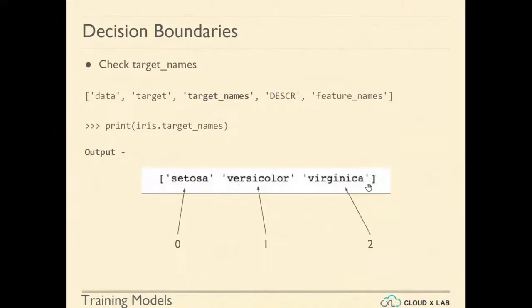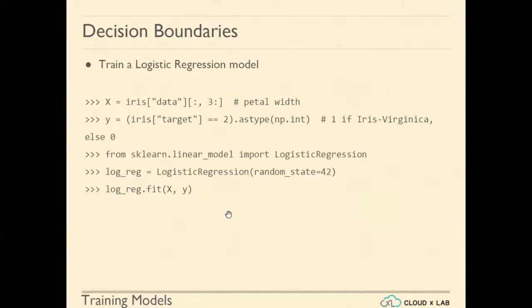So if the label is 0 or 1, then it is the negative class. That's why we are using: if the target label is 2, meaning the virginica class, then it is the positive class, else it is the negative class. So using this line, we can construct the corresponding output label.